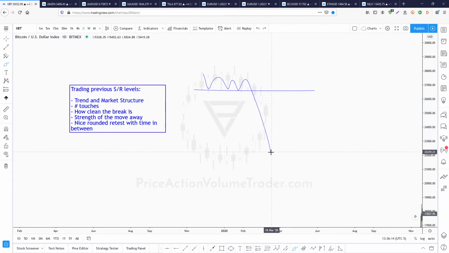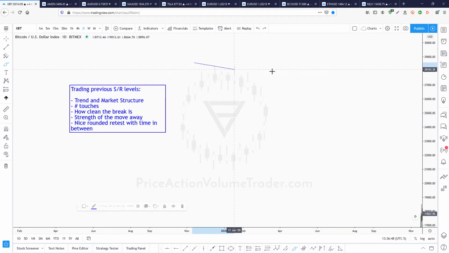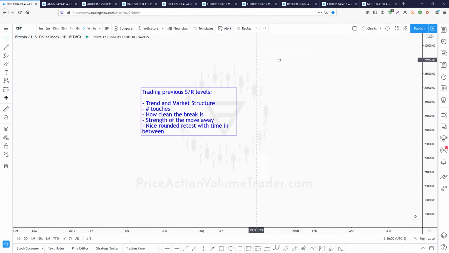Ideally, we want to see price start consolidating around here, maybe forming a flag or some kind of channel coming back into the broken level, and we want to see a nice rounded retest. That way we can see that there's been plenty of time accumulated, the level has gained prominence, and price has had a chance to balance until we come back into it. That's going to give us a much higher conviction on the levels.